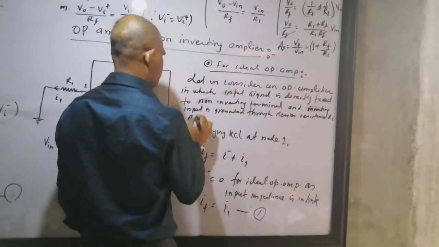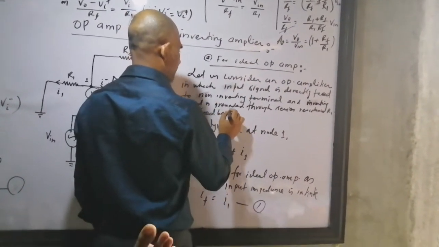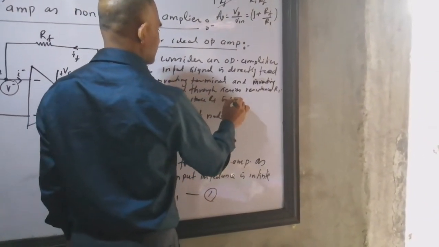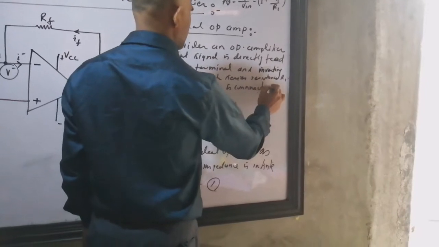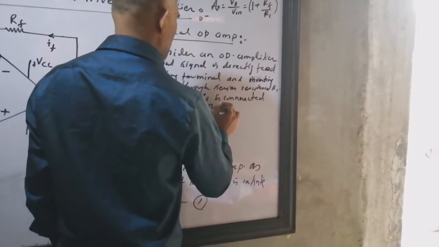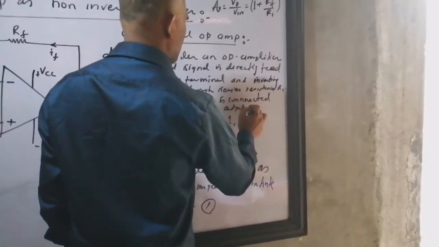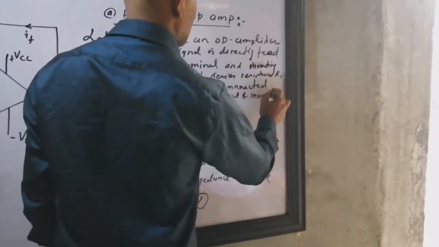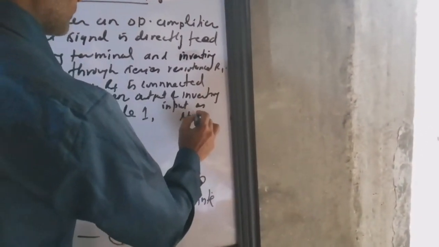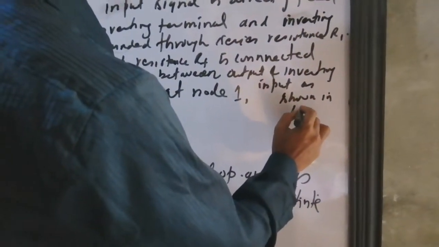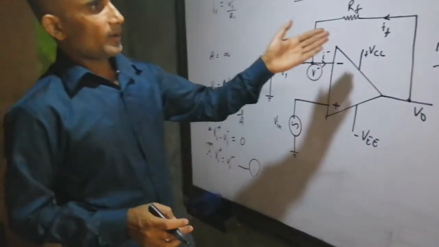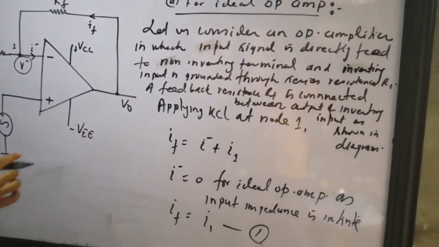Feedback resistance RF is connected between output and inverting input, as shown in the diagram. Okay, and so after writing this, you can continue from here.